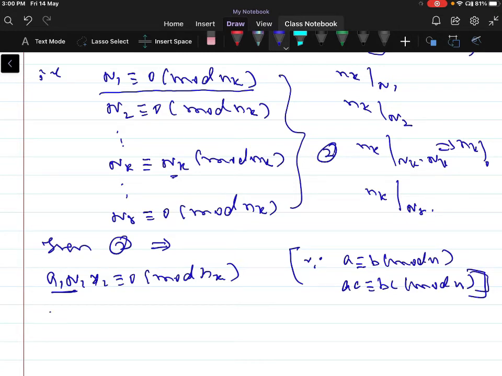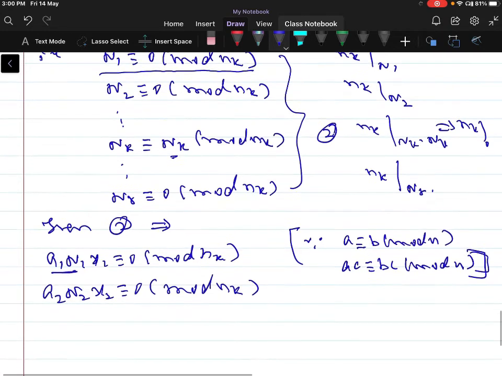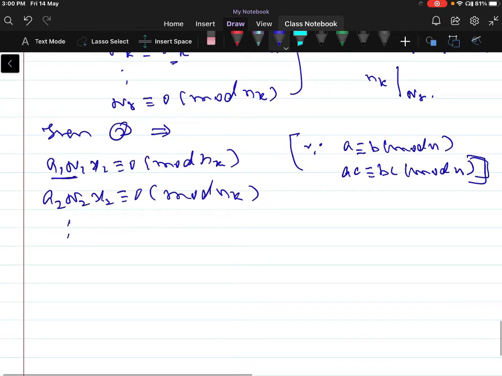Similarly, a2 n2 x2 is congruent to 0 modulo nk, and so on.